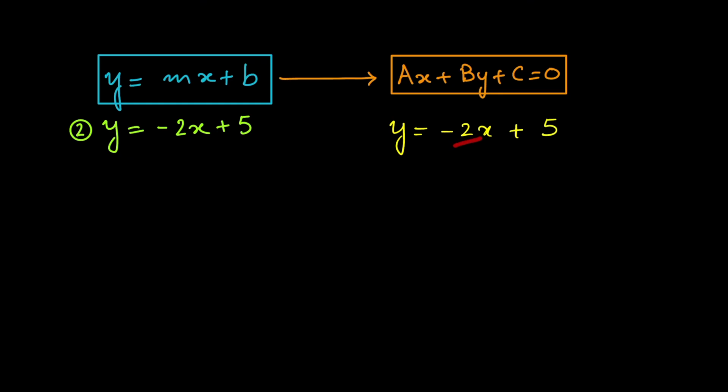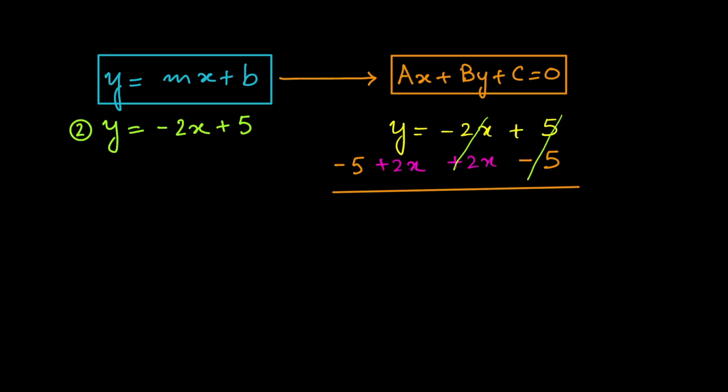Since we want to move this one to the left side, we do the opposite operation to this, so we write plus 2x on both sides. Then we also move this plus 5 to the other side, so we do the opposite operation and write minus 5 here. When we simplify, minus 2x and 2x cancel out, and 5 and minus 5 cancel out.